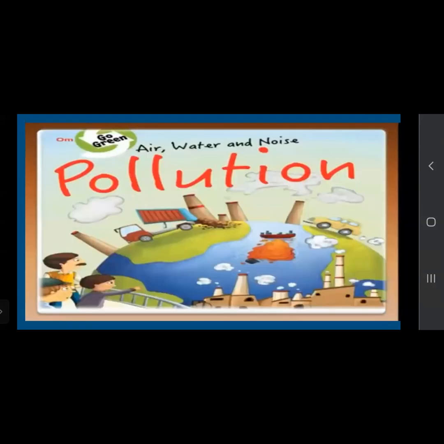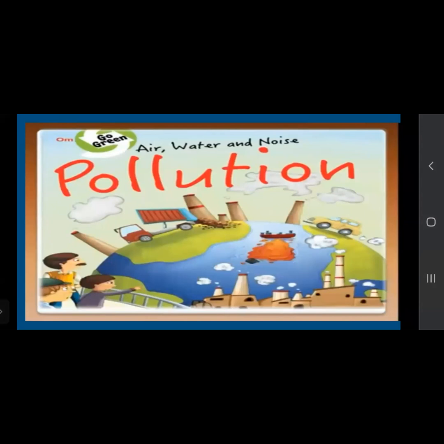Now the next factor is pollution. We all know there are different types of pollution: air pollution, water pollution, and noise pollution. Pollution is also one of the effects of urbanization. Because of urbanization, we are facing the problem of pollution. You can see in the picture the earth and how much pollution is done.